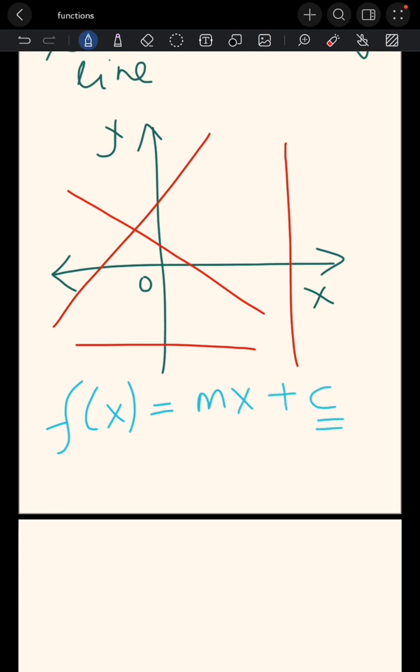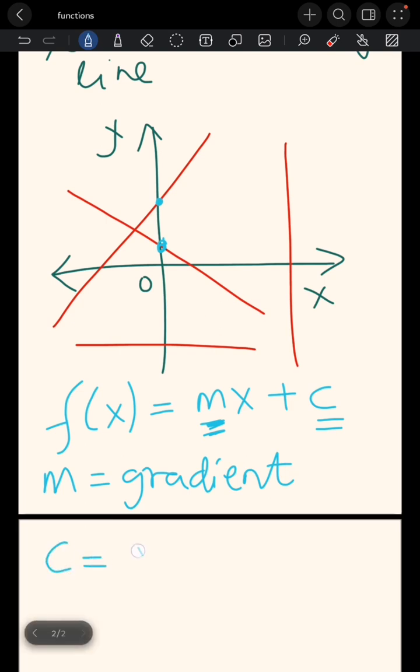C is the point in which the line will cut the y-intercept, usually this line or this line. The y-intercept is this line, so any point that the function will cut the y-intercept is called a c in this formula. Then m is the gradient of the function. M is the gradient, and then c is y-intercept.